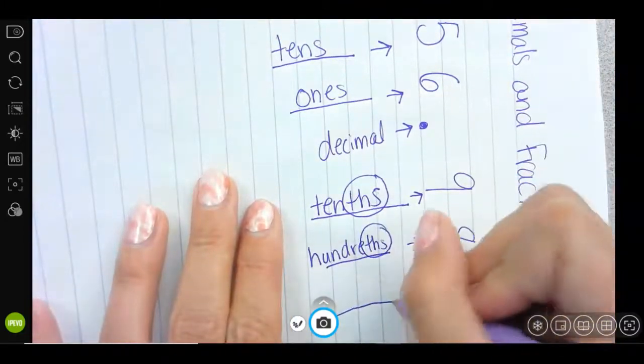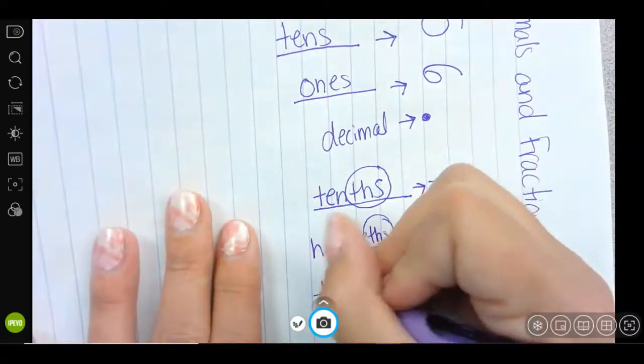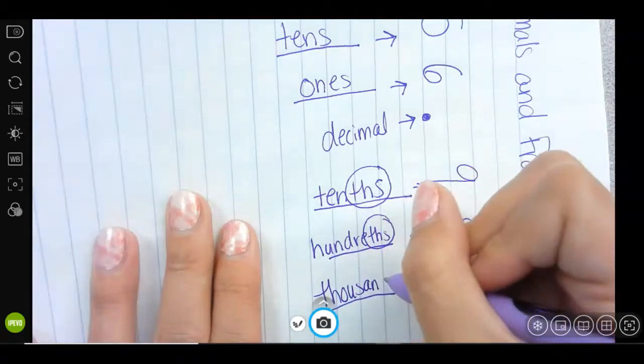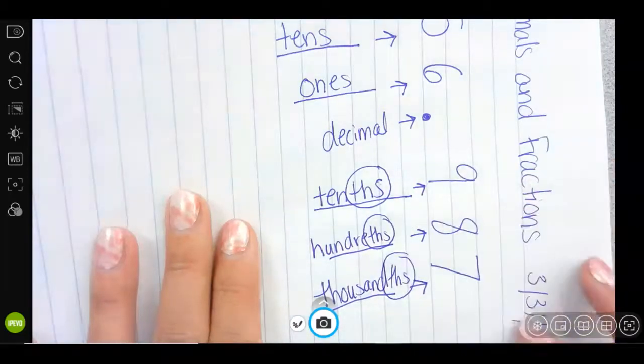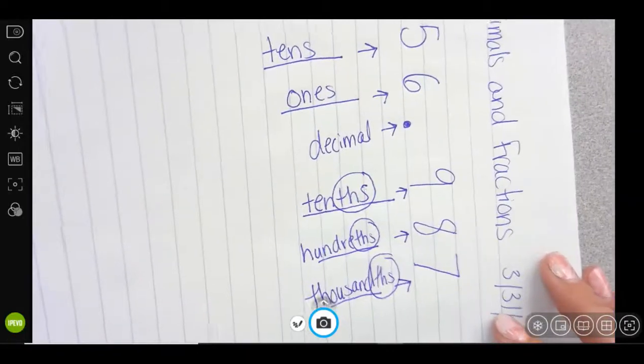And the 7 is in the thousandths. I circled that because it's a different ending. I want you to just make a note of that, it's different.